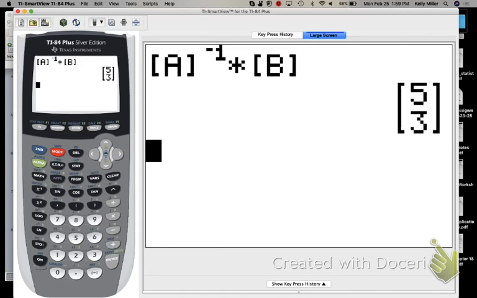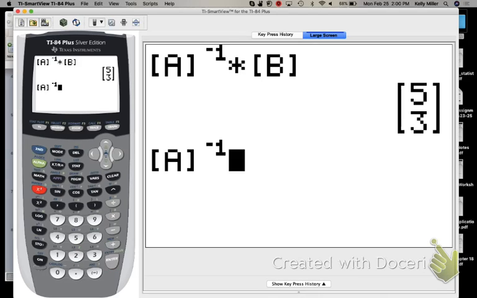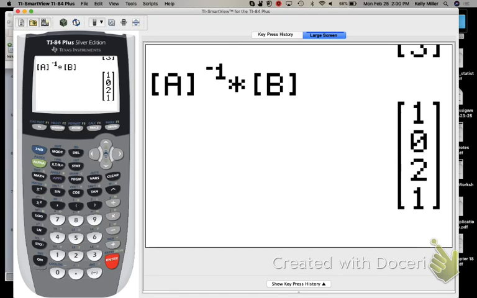And so then I would select A, the negative inverse times B. Look, there it does it. So there's your answer. Okay? So that would be insane to do by hand, right? Can you even do it by hand? I feel like that would cause a lot of pain. I think that would be a bunch of pages.